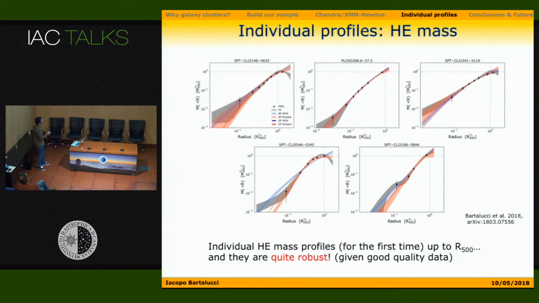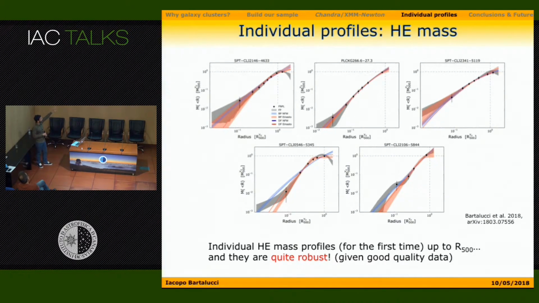But if you take a very disturbed cluster, so one which is undergoing a very violent merger, as we depart from the black points, so as we extrapolate the signal, you see that things go crazy. Basically, what is important here is that if you start to use different techniques to extrapolate at higher radii or in the center, and your cluster is very disturbed, you get completely wrong results.